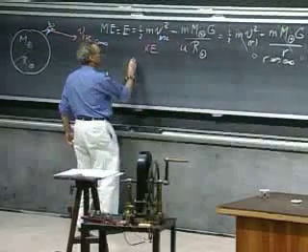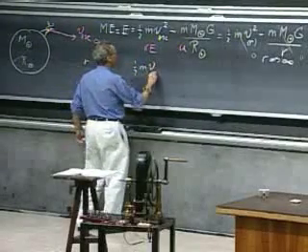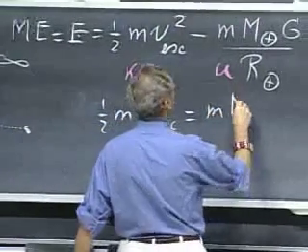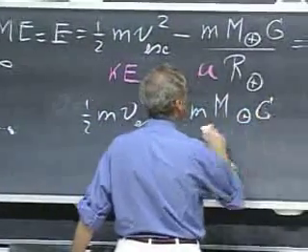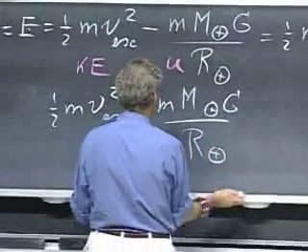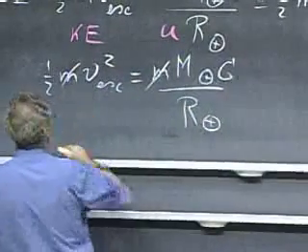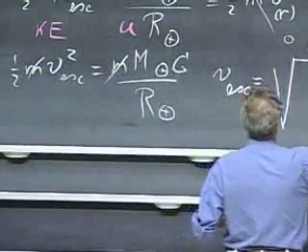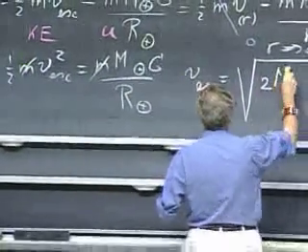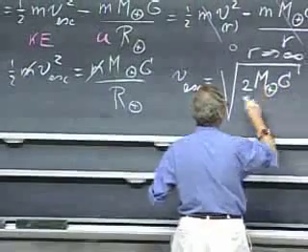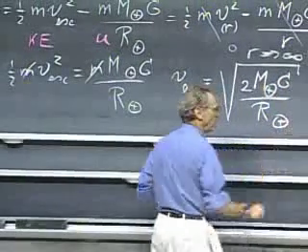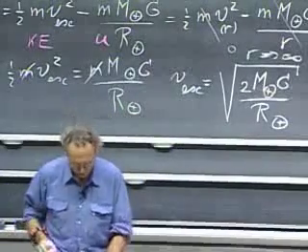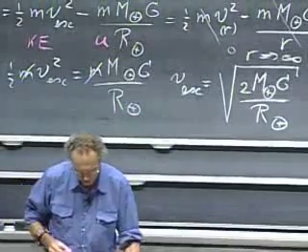And so we find that 1/2 m v escape squared equals m Earth G divided by the radius of the Earth. I lose my little m, and I find that the escape velocity that I have to give you is the square root of 2 m Earth G divided by the radius of the Earth. And this is enough, it's sufficient to get you all the way to infinity with 0 kinetic energy.